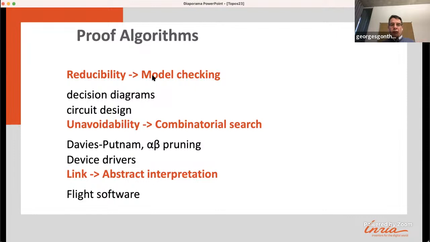So there's a lot of this going on in the four-color theorem. The reducibility part is an algorithm done by a proof algorithm that's called model checking. The unavoidability part is done by something called combinatorial search. And the link between the two is abstract interpretation.